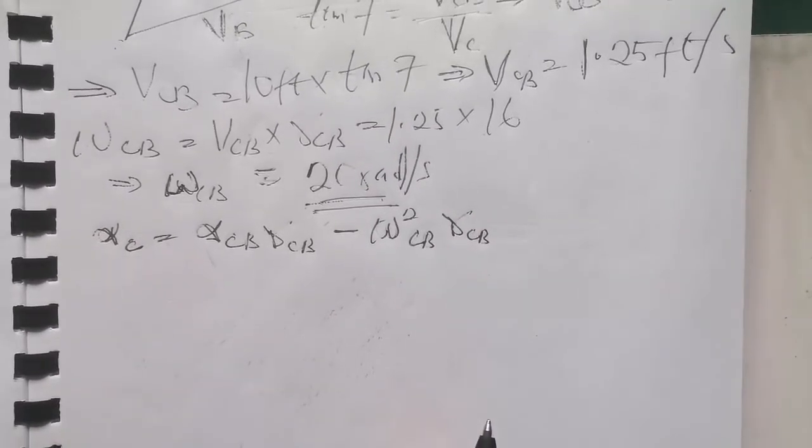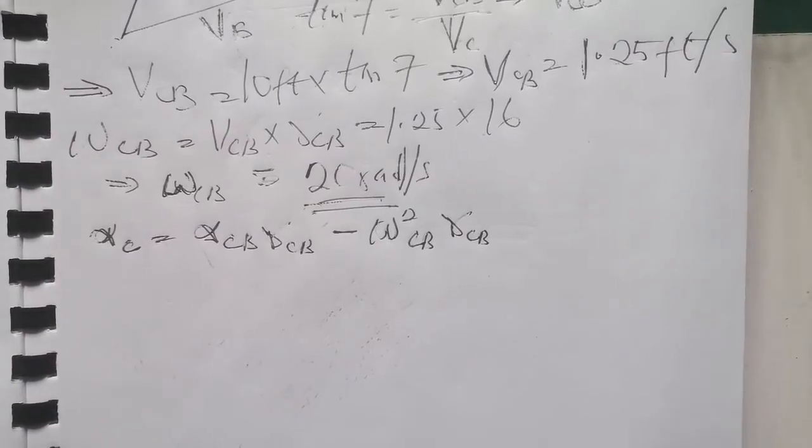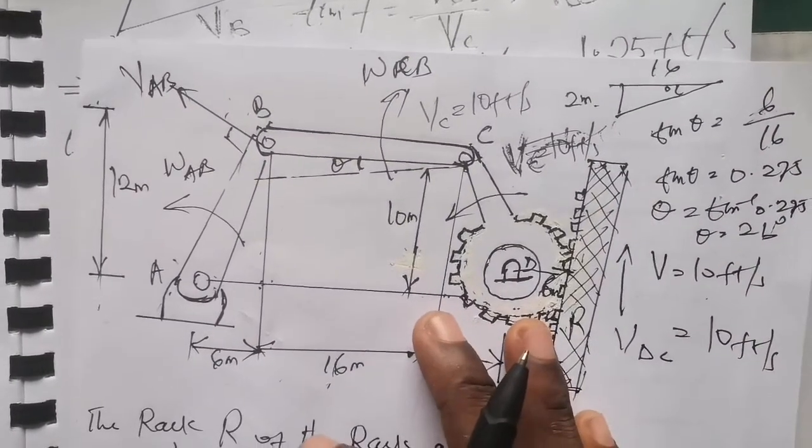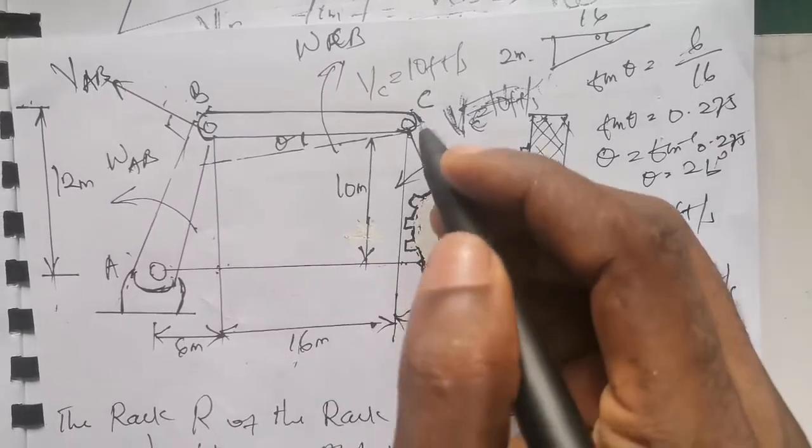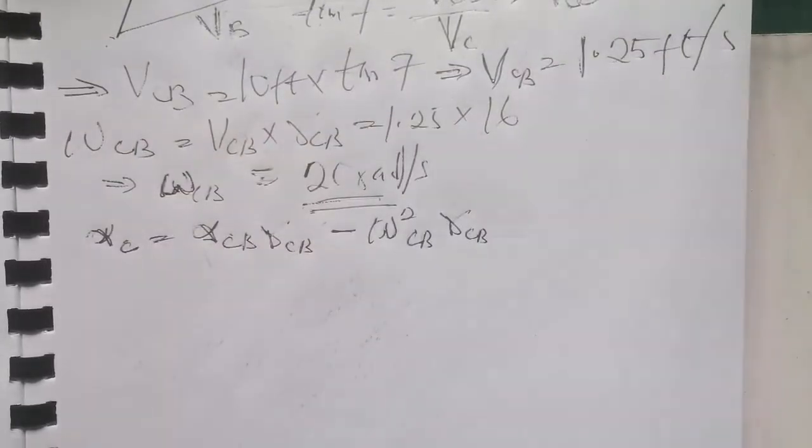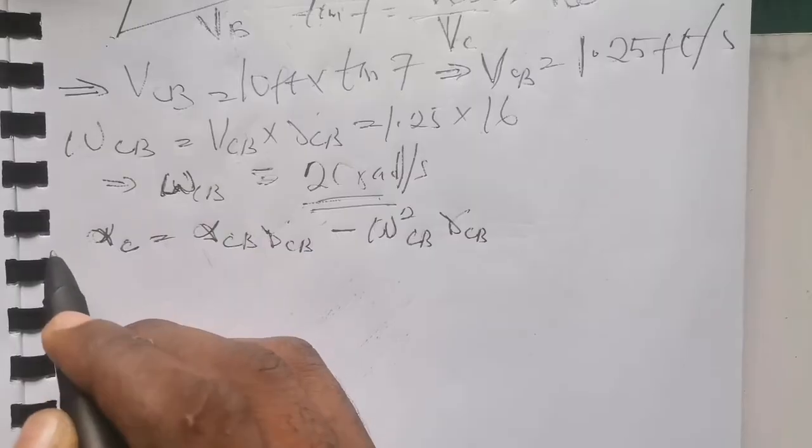Now this is the formula, but at point C no angular acceleration was given, which means the angular acceleration at C is equal to 0.